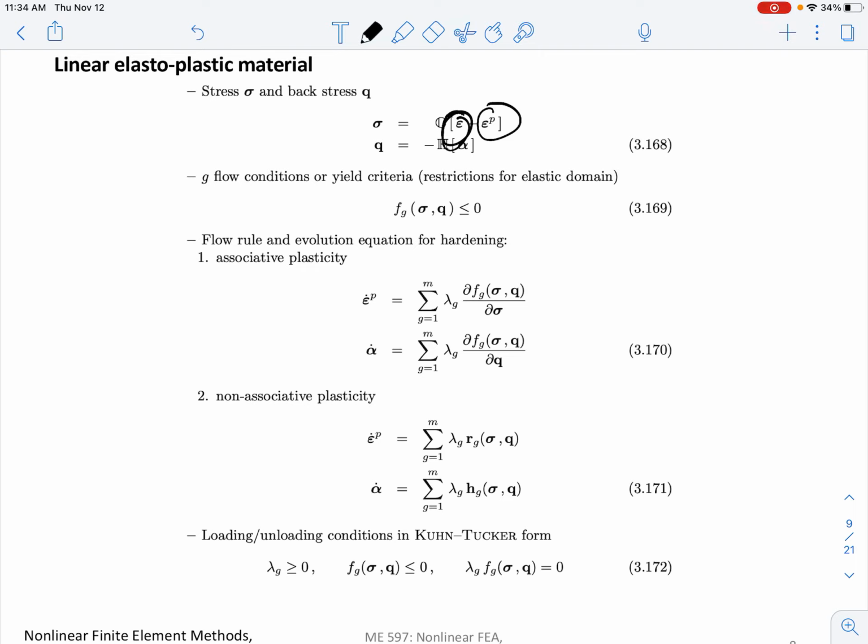Based on this guess for the total strains, we can compute the updated plastic strains. Once we have updated the plastic strains, we can compute the stresses. And it's very similar to what I was explaining for viscoelasticity. The structure is more or less the same.